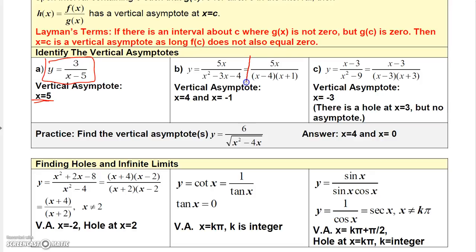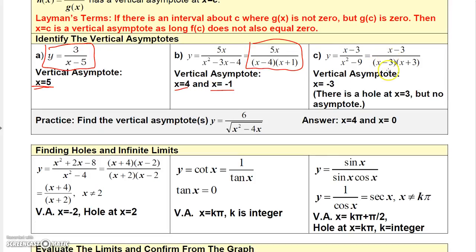This function, notice I factored the denominator, x equals 4 makes the denominator 0, and since it doesn't make the numerator 0, it's a vertical asymptote. x equals negative 1 makes the denominator 0, but it doesn't make the top 0, so therefore that's a vertical asymptote.